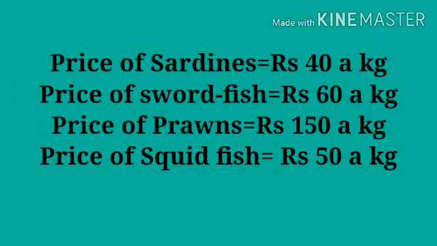So what did you understand, children? Price of sardines given rupees 40 a kilogram, price of swordfish given rupees 60 a kilogram, price of prawns given rupees 150 a kilogram, price of squid given rupees 50 a kilogram. So these are the different rates of fishes available in the fish market from the textbook.